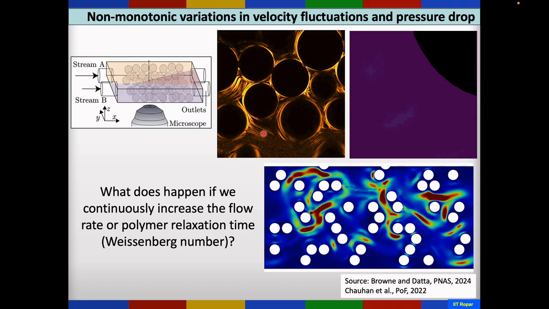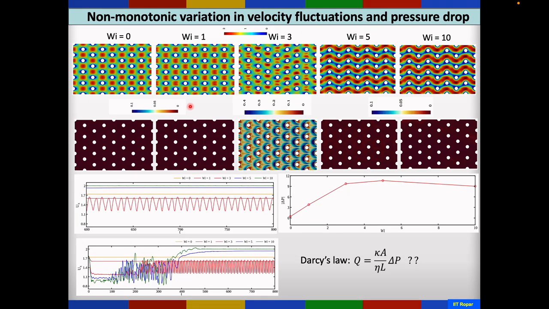Interestingly, we also carried out numerical simulations for a model porous media, where again we have a microchannel with some micropillars placed inside it, and we carried out the simulation at different values of the Weissenberg number. This is Weissenberg number 0, which is the case of a simple Newtonian fluid.